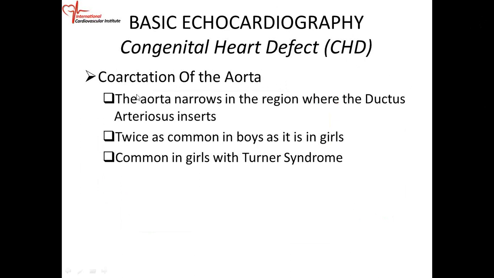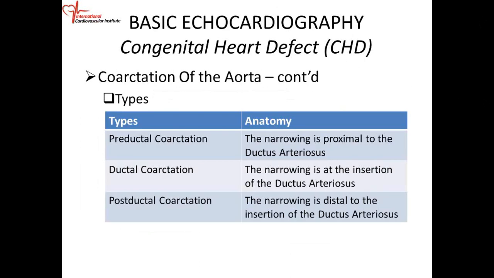Turner syndrome: girls with short stature, web neck, mild mental impairment, and if you see the features, you can pull it up on YouTube. Once you see one case, you'll never forget it.